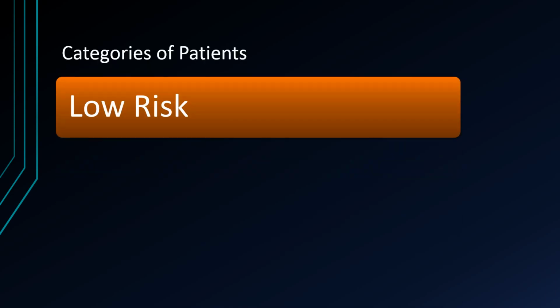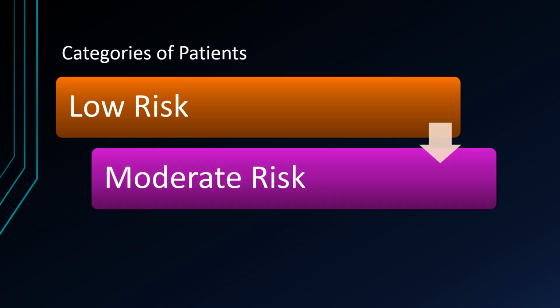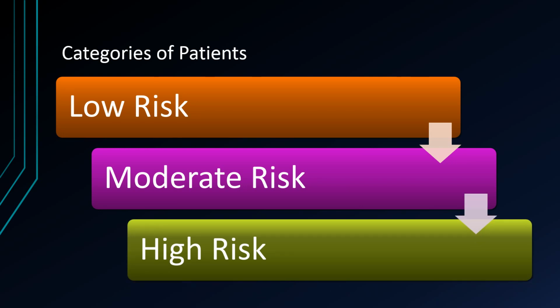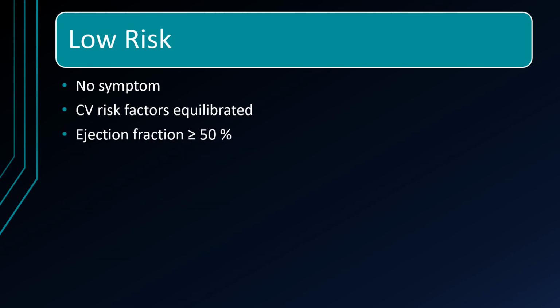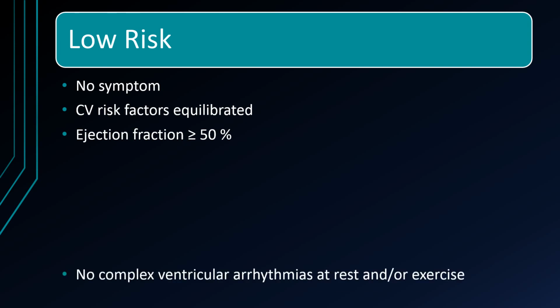There are three categories of patients. If somebody is suffering from cardiac disease, we can categorize them as low risk, moderate risk, or high risk patients. Now, what are low risk patients? Those who don't have any symptoms. The cardiovascular risk factors are equilibrated, that means there is a balance between the risk factors and the management. Their ejection fraction is more than or equal to 50%.